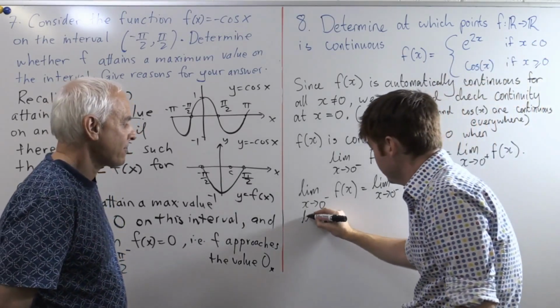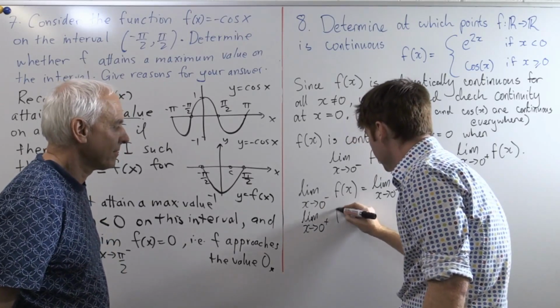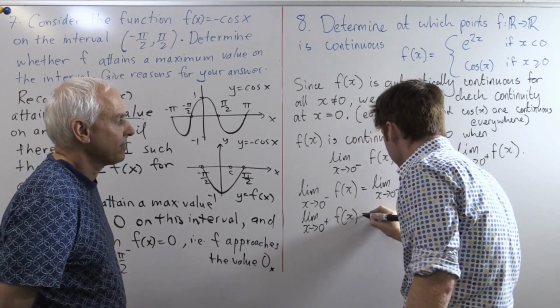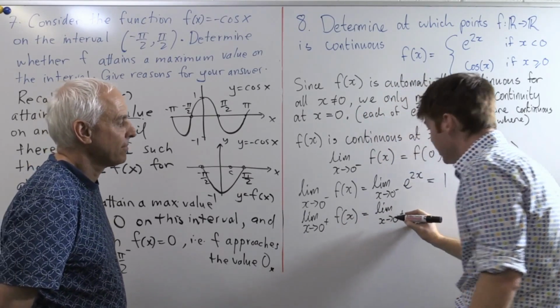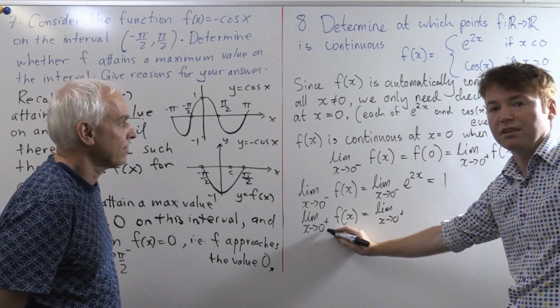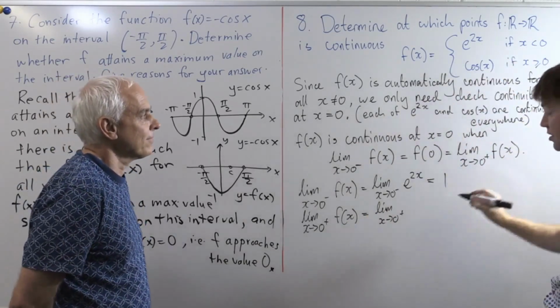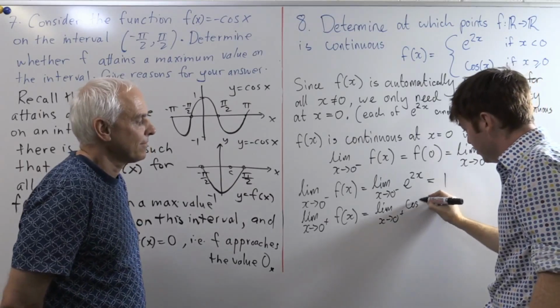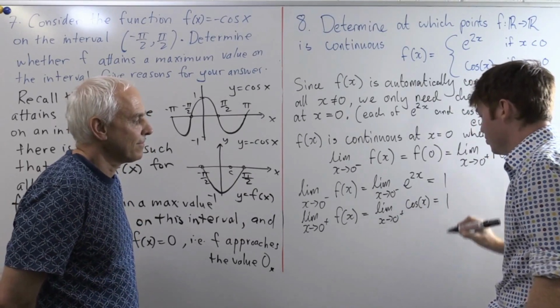The limit as x approaches 0 from above of f of x: here my function values are always strictly greater than 0, so f of x is just cos x in this case. And I can take the limit of this function, that's also 1.